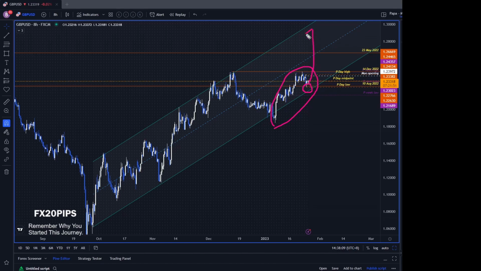Reason why I keep saying GBP USD is going up is mainly just because of the US economy and hopefully the starting of interest rate reduction by the Federal Reserve.